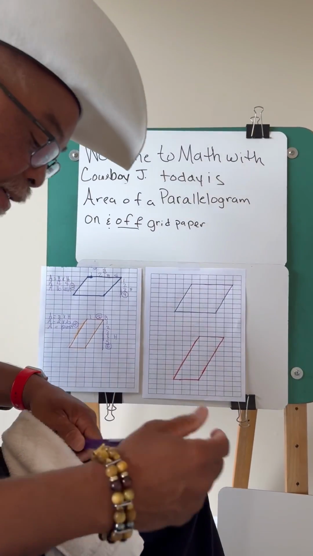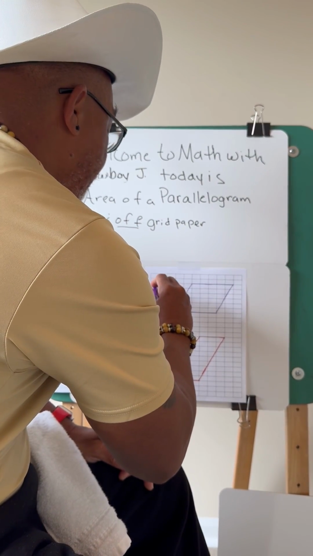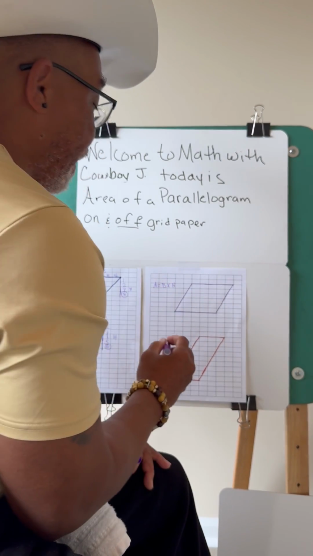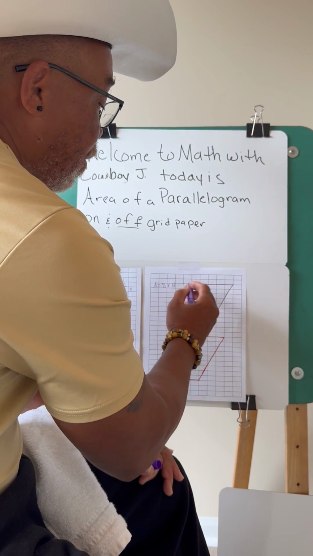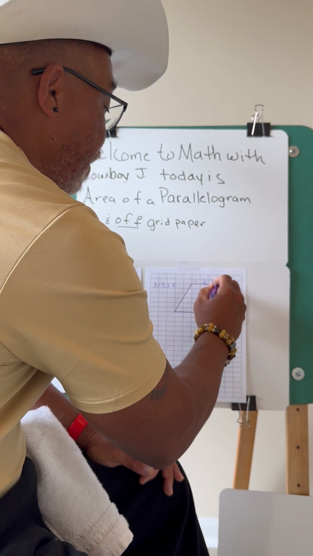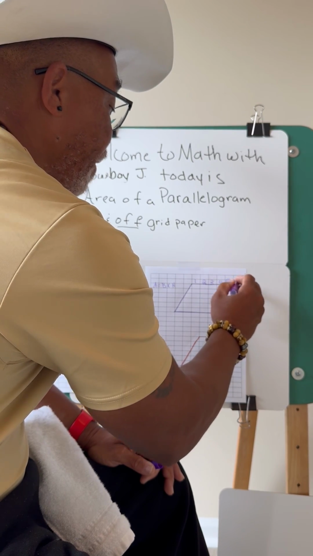So again, the formula hasn't changed. Area still equals base times height. So again, we're going to count along the grid line. 1, 2, 3, 4, 5. So that's going to be our base.